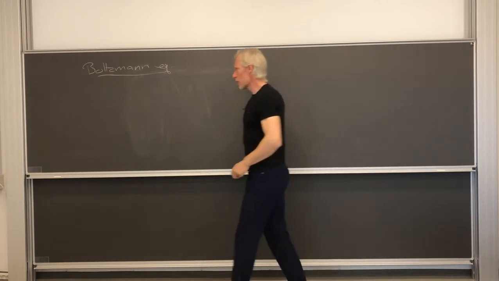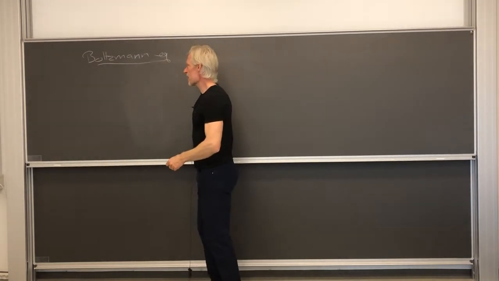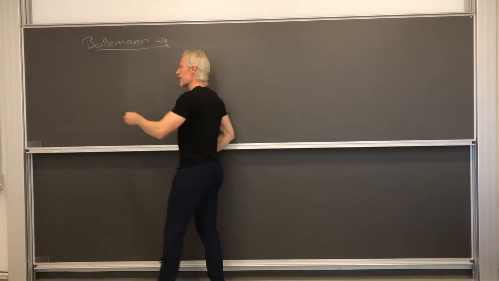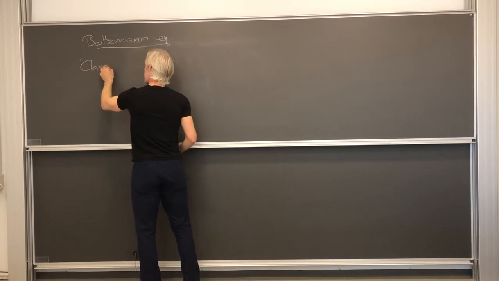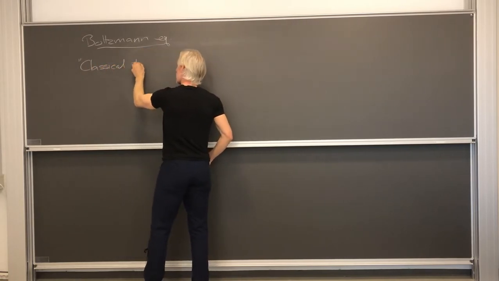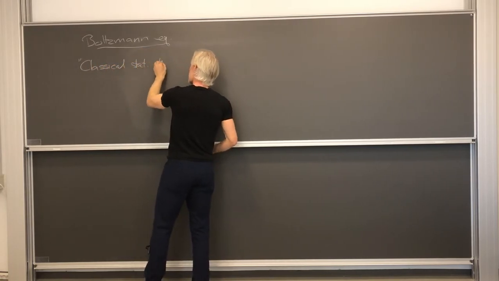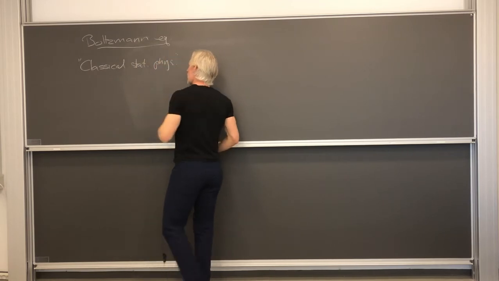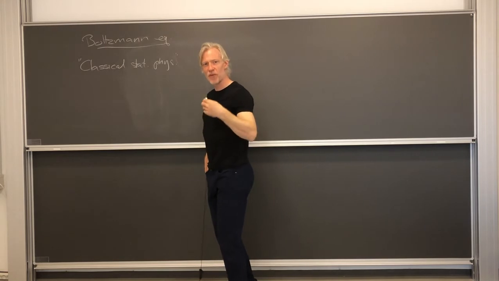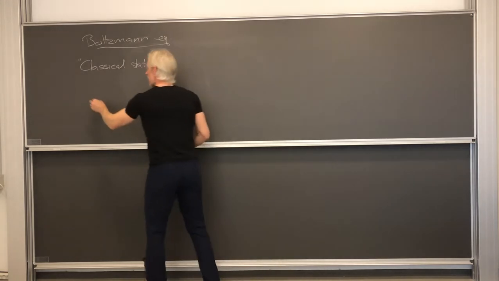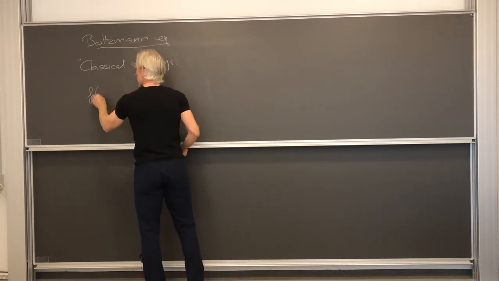Right, so the tools we're using are what you would call classical statistical physics, meaning that the fundamental quantity that we're always working with in this game is called f.